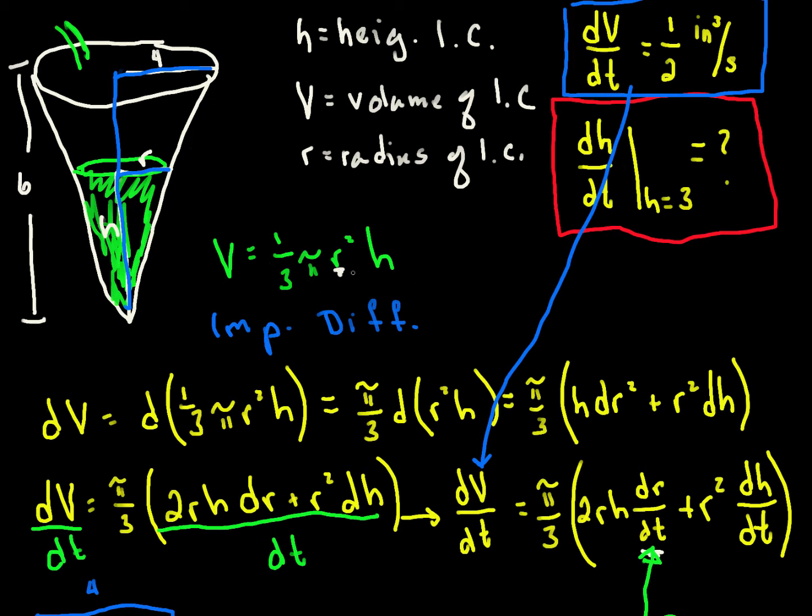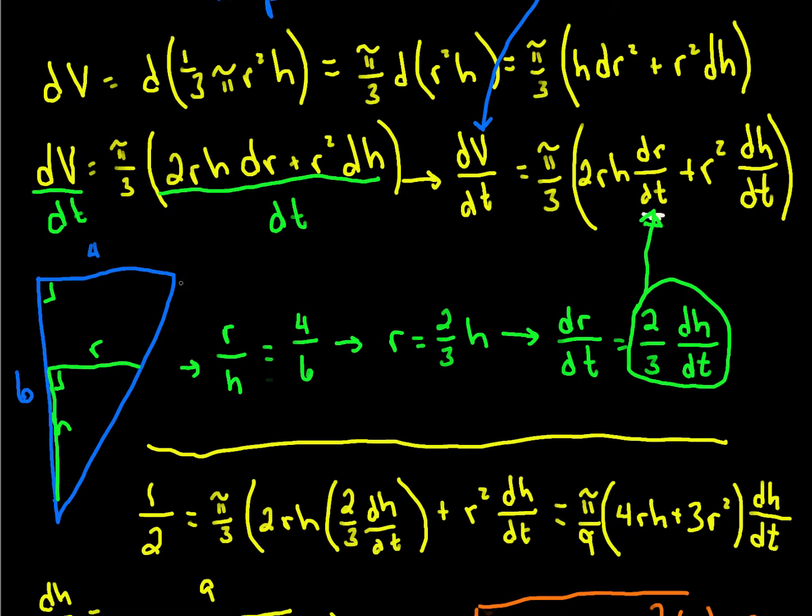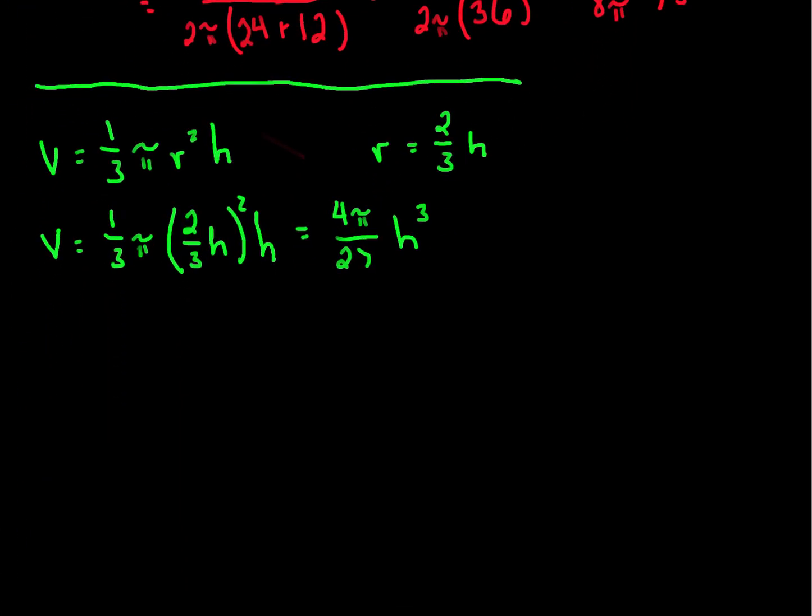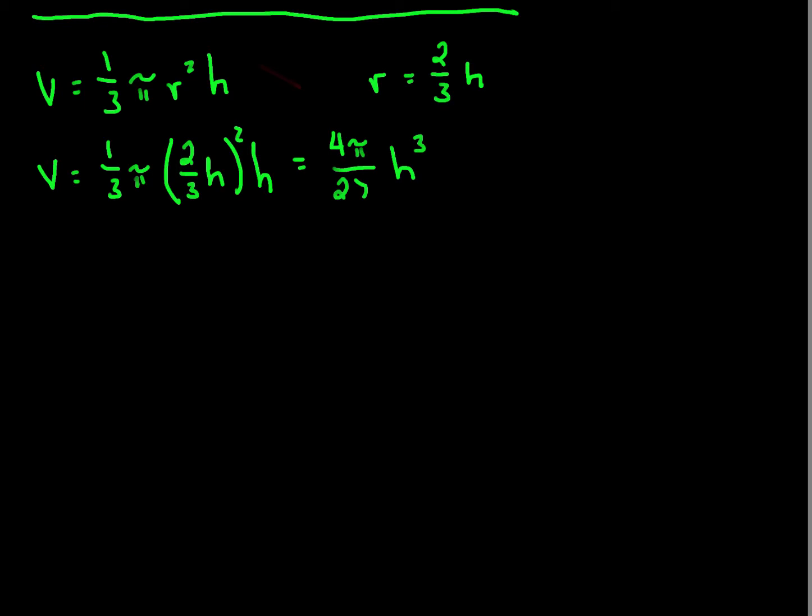We had 1, 2, 3 variables in here, and so volume is a function of 2 variables. Well, this is single variable calculus. So somewhere in the back of your head, a little flag should go up and say, we've got too many variables. Can I get another relation between r and h, which is what we arrived at, that r is equal to 2/3 h. And so we've reduced this problem down so that it only has 1 variable.